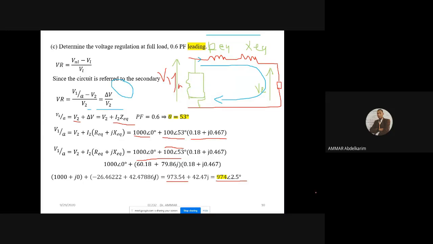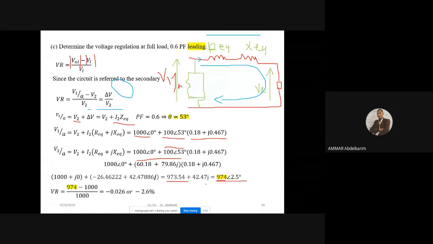After those calculations, we can find that V1 over A, which is the voltage of the primary referred to the secondary, equals this. Just a remark here: when we work on the voltage regulation, we use magnitudes. Here it's in polar form, here in rectangular, but we take only the magnitude.